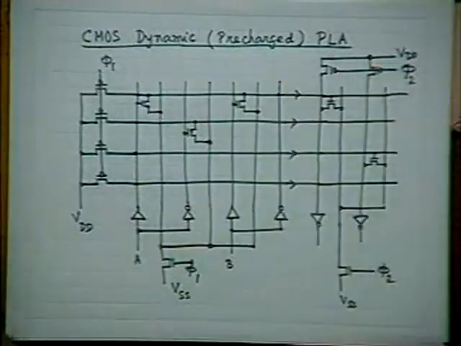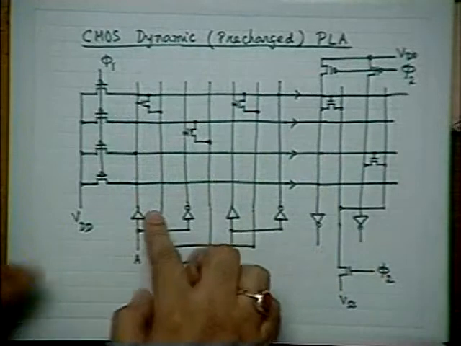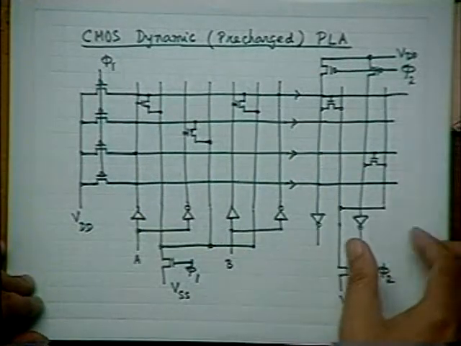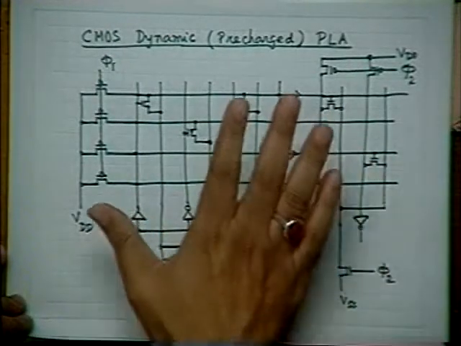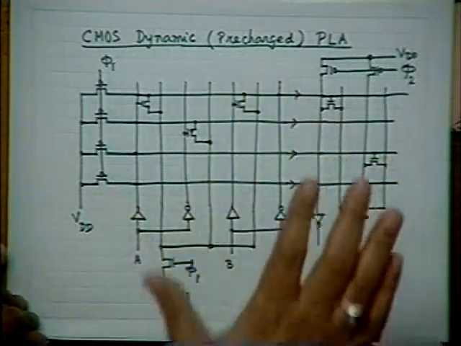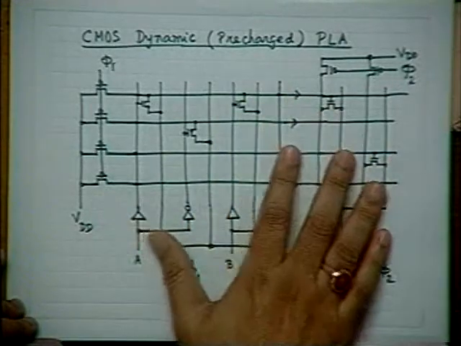So that should be kept in mind. But fortunately, PMOSs are very few in number. The entire operation is carried out by NMOSs. Therefore, from the area point of view, it is very good. From the power point of view, it is very good. And naturally, from the speed point of view also, it is quite good.